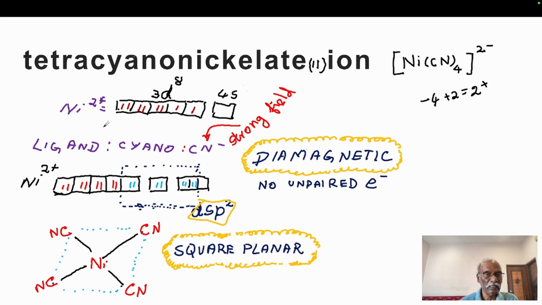This is the nickel 2 plus ion's electronic configuration. But a very strong field ligand, CN minus, what does it do? It pushes the electron from here to there and thereby makes the fifth d orbital vacant.